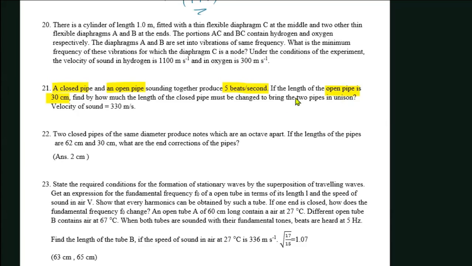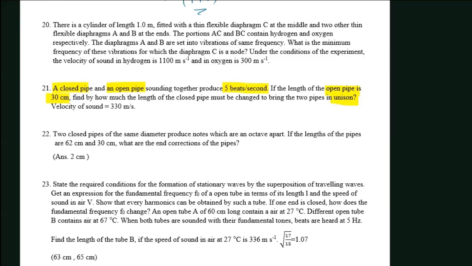Unison means to bring the two pipes to vibrate in the same frequency, right? So this word unison might be new to you. Just remember that it means by how much we should change the length of the closed pipe to make them vibrate with the same frequency.